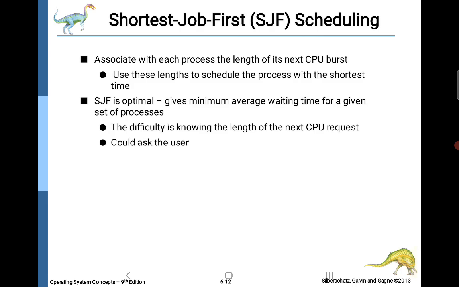That made operating system designers, or generally scheduling algorithm designers, think of another way to look at how they select processes to be executed.